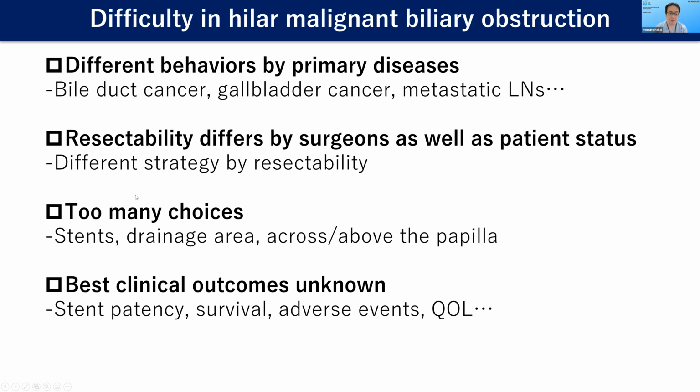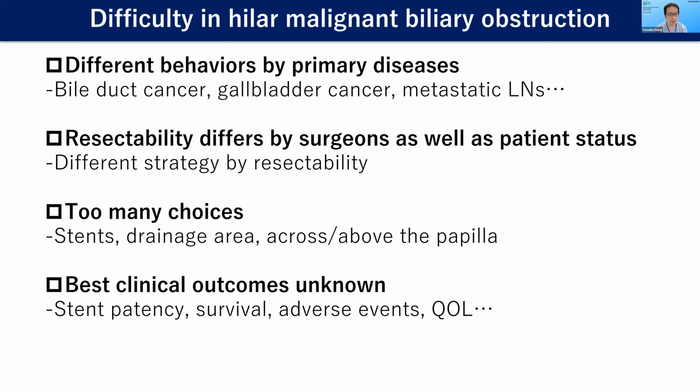And if it's unresectable, there are so many choices, like plastic stents or metal stents, unilateral drainage, single stent, or 2 stents, 3 stents. And also we can put the stent across the papilla and also above the papilla. So we have to decide those stent placements based on the anatomy.